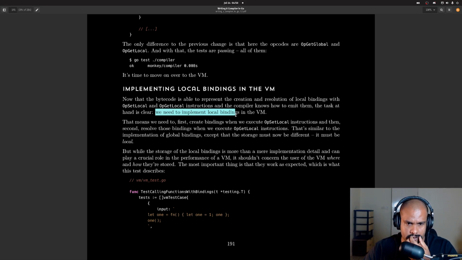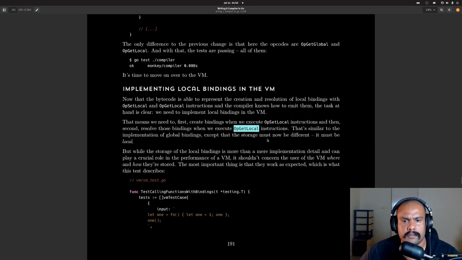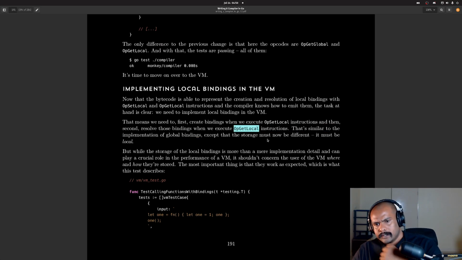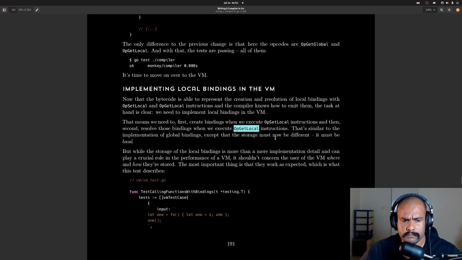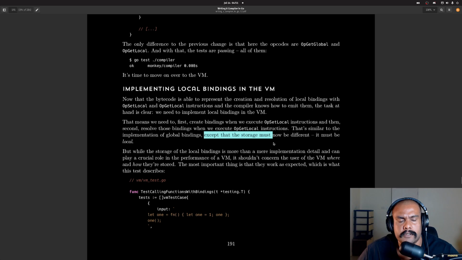That means we need to first create bindings when we execute offset local instructions, and then second, resolve those bindings when we execute get local instructions. That's similar to the implementation of global bindings, except that the storage must now be different, must be local.